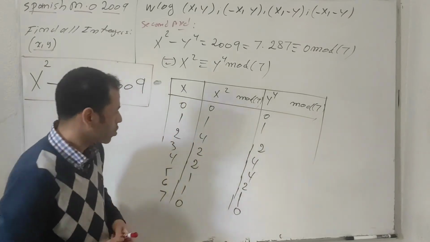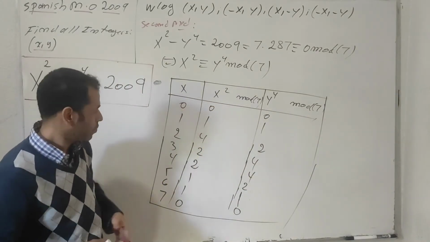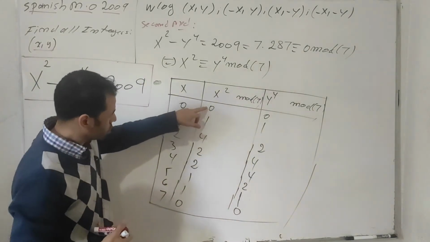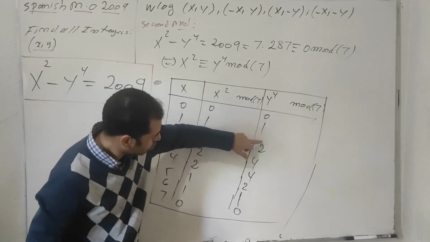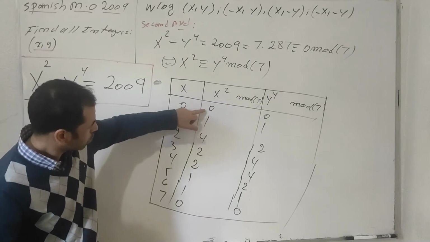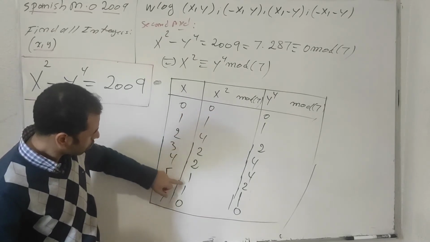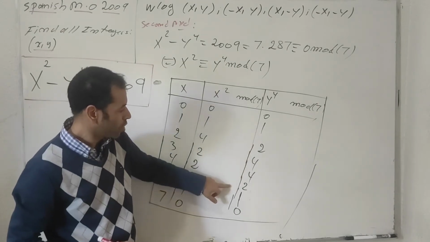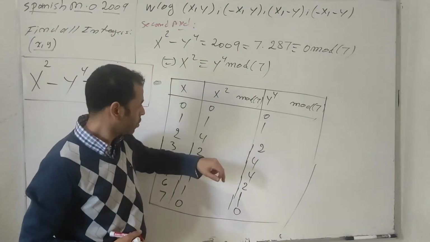Okay, so I'm going to stop here. This is enough to check where we have shared perfect squares. The pattern we have is 0, 1, 4, 2, 2, 4, 1, 0. It goes up until we get 4 and then starts coming down, which means 0, 1, 2 and 4 are the only perfect squares mod 7.